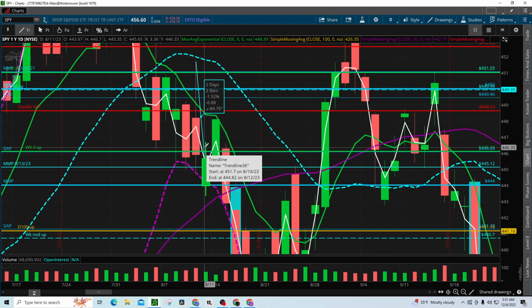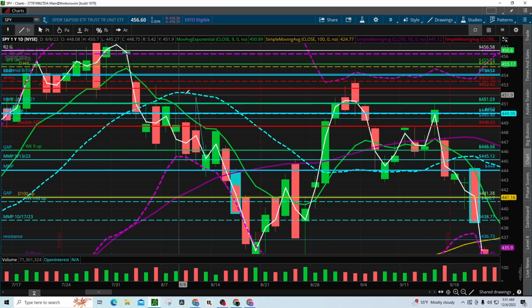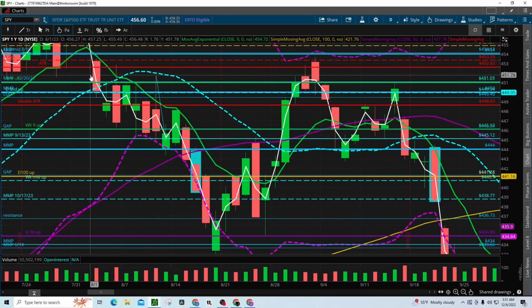So that day, it moved $6.88. 810. But once it hit there, and then it made its way down, it retested the 9, the green, and then it went down even further. Because once it started curling down, this was coming down.